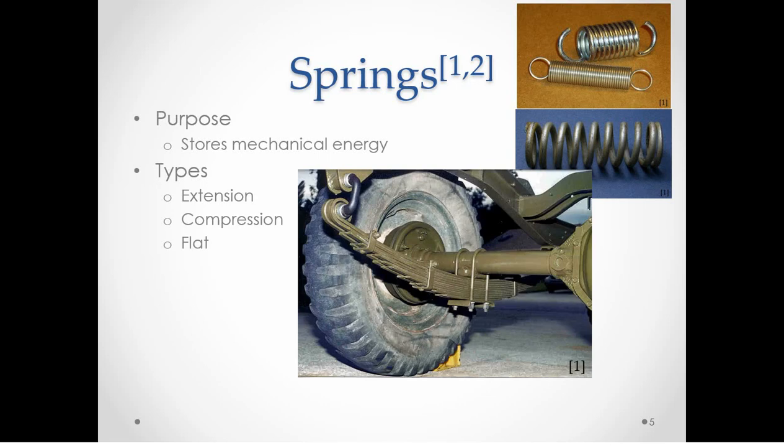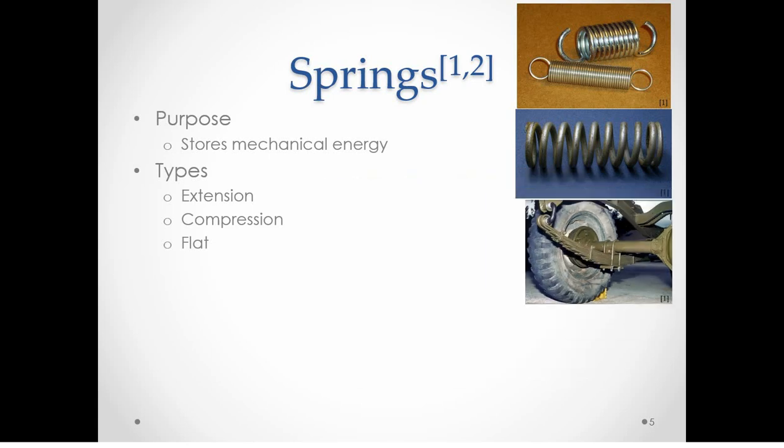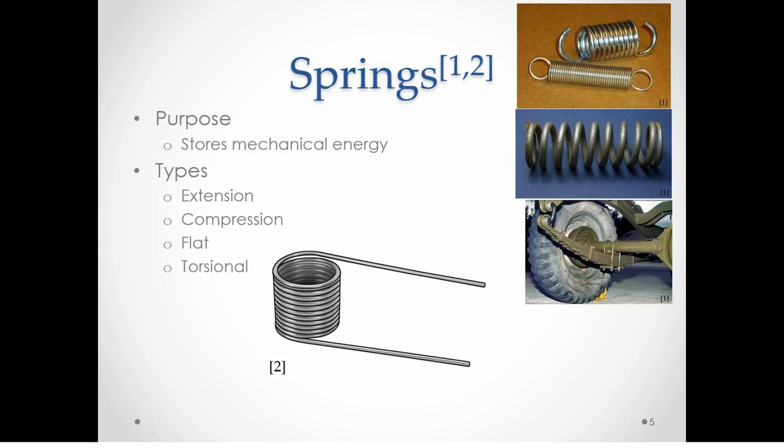Flat springs, such as leaf springs in the suspension of vehicles, are made from a flat piece of spring steel. Torsional springs, also made from a coil of wire, are loaded so that the coil is twisted about the longitudinal axis of the coil.